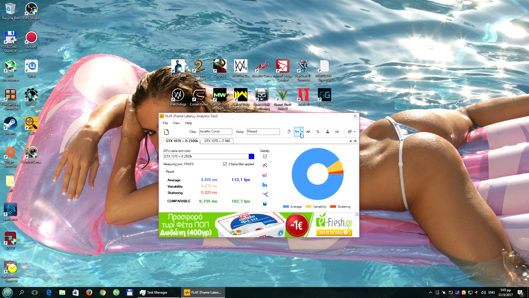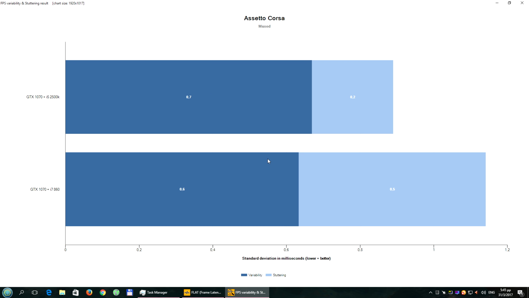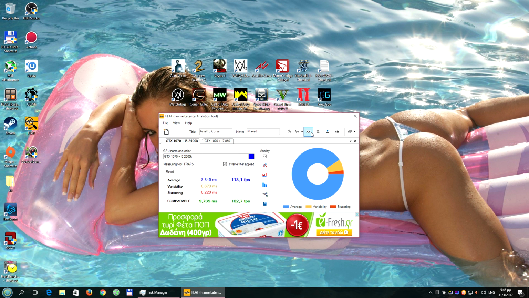Excellent performance. Variability a little better for the 860. The stuttering is a little better for the 2500K. Normal stuff.